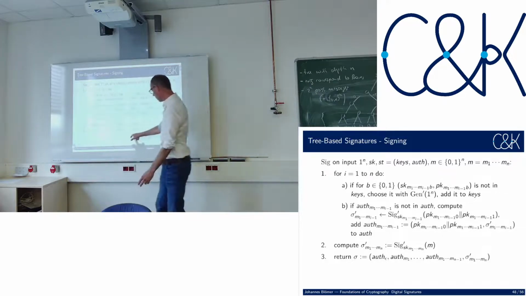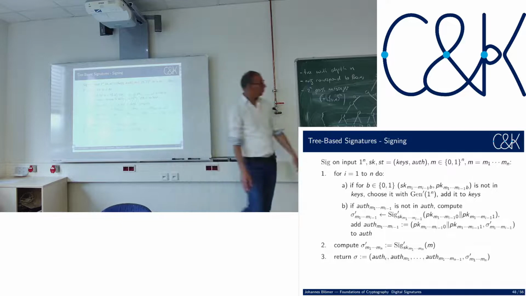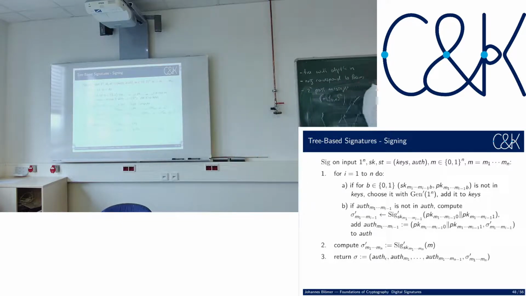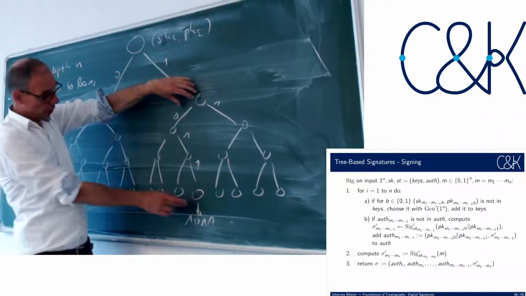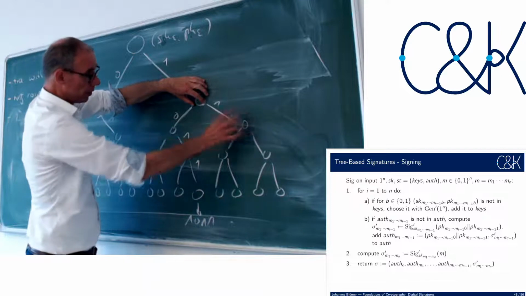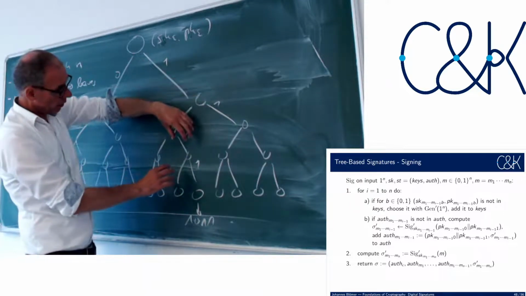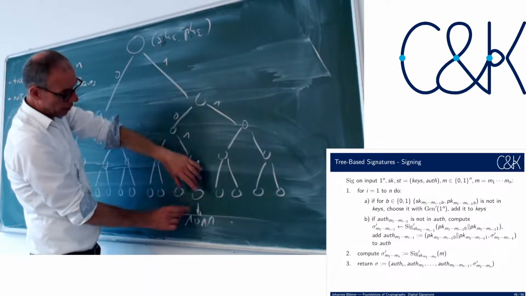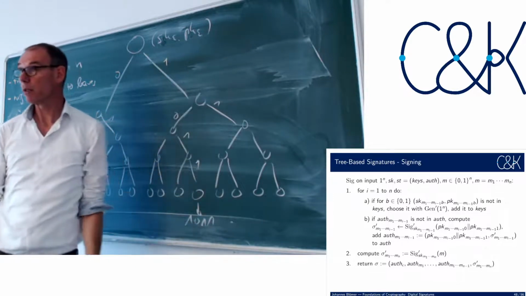And these are exactly the ones on the path. You go down here, you have the authentication here of the public keys here. If you go down here, you have the authentication of these 2 public keys. You have here the authentication of these 2 public keys, and then you sign with this public key.